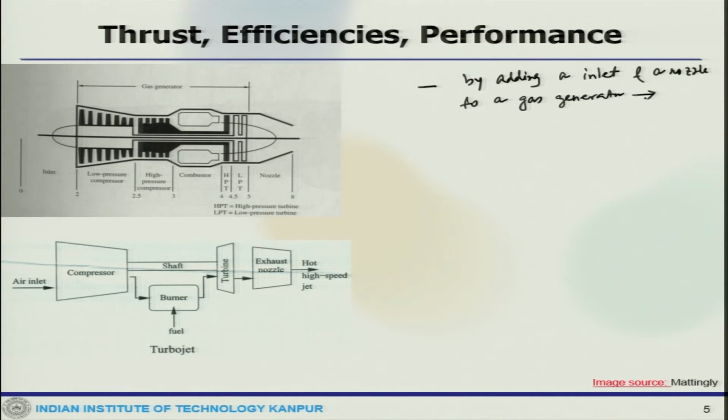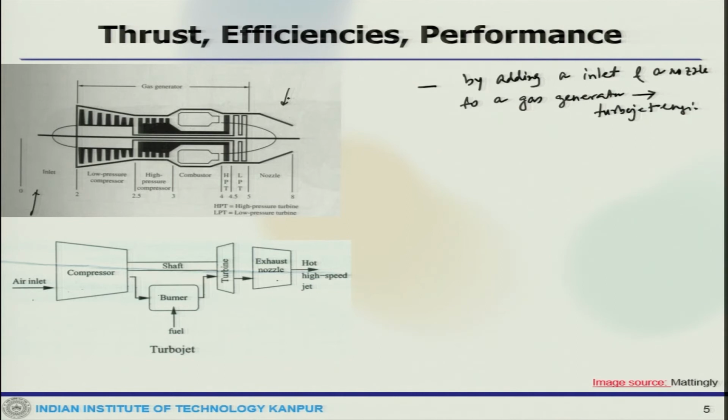So, what do we get? You get a turbojet engine. Again, if you look at this, the basic component of the gas generator is compressor, turbine, and now we have added an exhaust and inlet. So, this is the portion which is added.